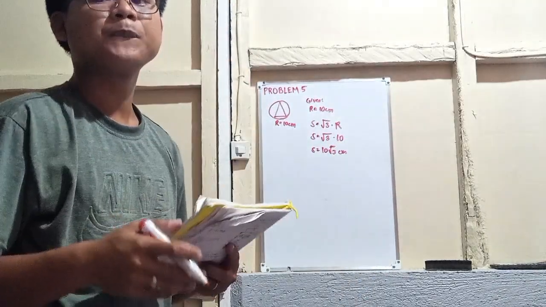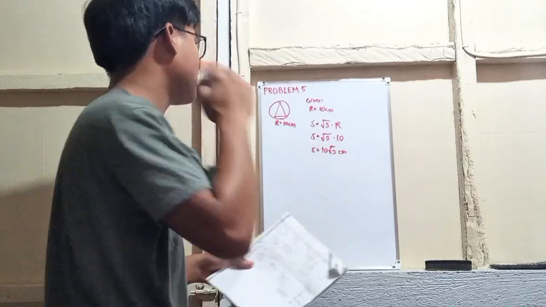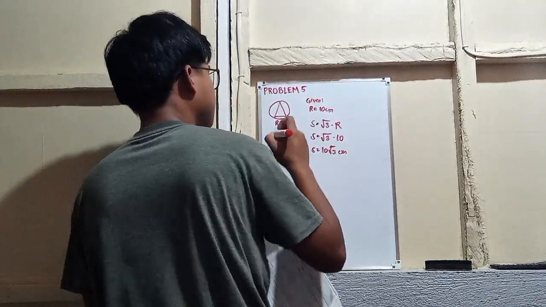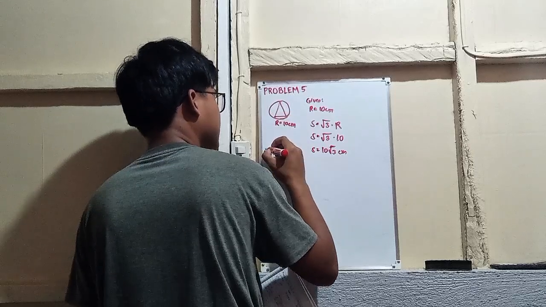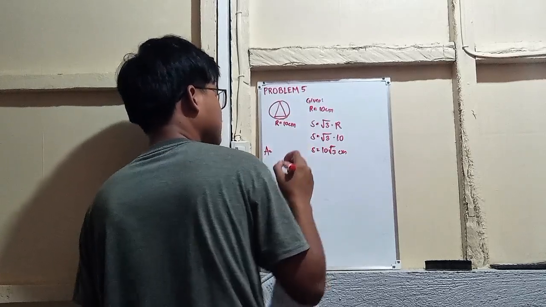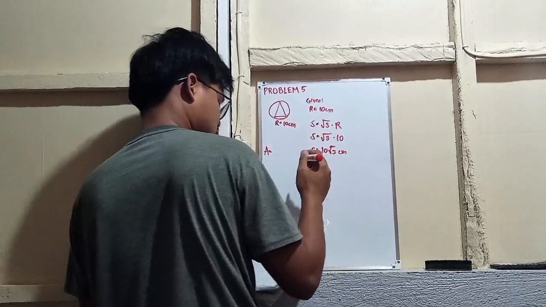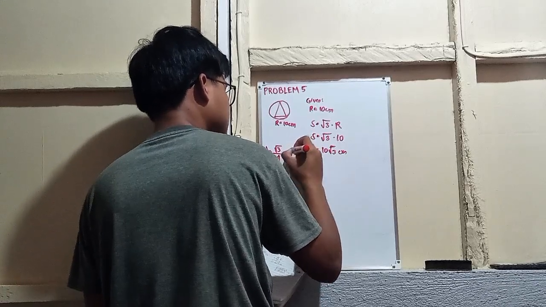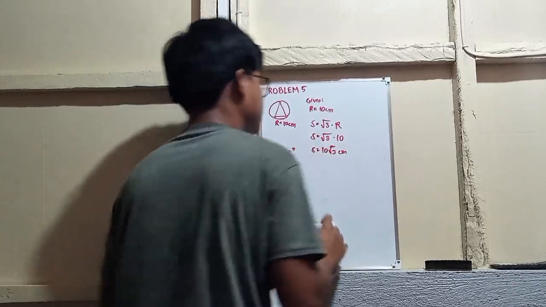So we will proceed to the formula for the area of an equilateral triangle, which is square root of 3 over 4 times S squared, for the side.